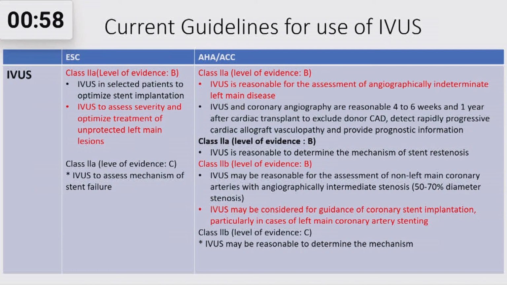Definitely you can do the FFR, as I have shown in my case, or iFR or DFR. And class 2B: IVUS may be considered for guidance of stent implantation, particularly in left main coronary stenting. So ESC says class 2A, but ACC and AHA say class 2B for IVUS in left main disease. The recommendation is still not class 1, but we have to do it.